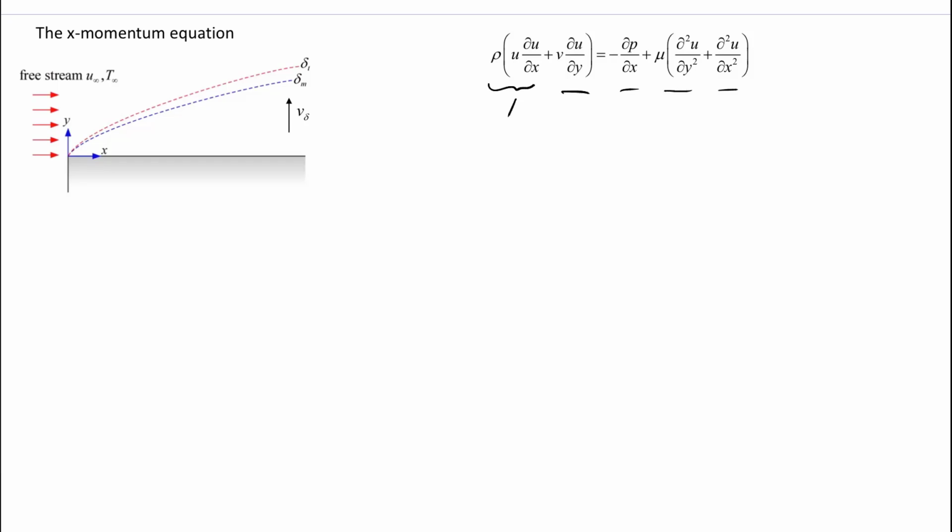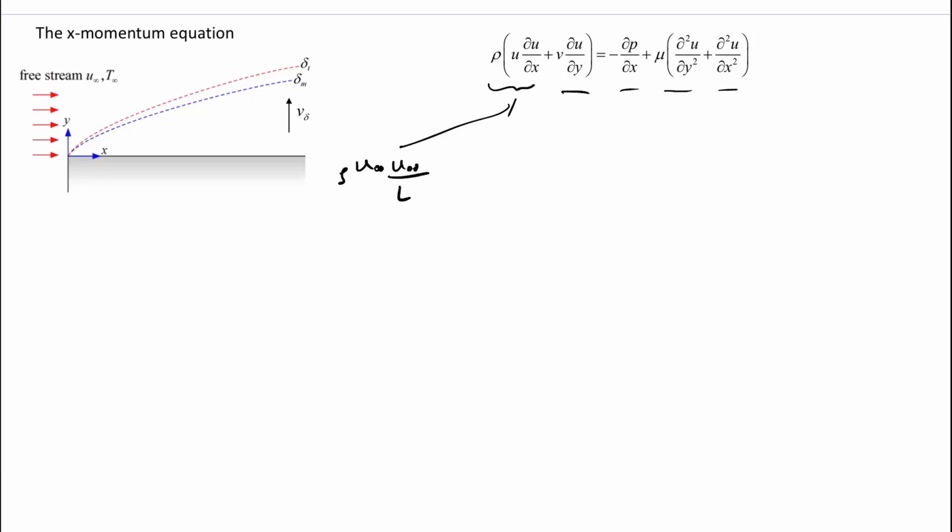Let's start with the first term, rho u times du dx. What's that order of magnitude? It would be rho times U infinity times U infinity divided by L. So rho U infinity squared divided by L is about the order of that first term.